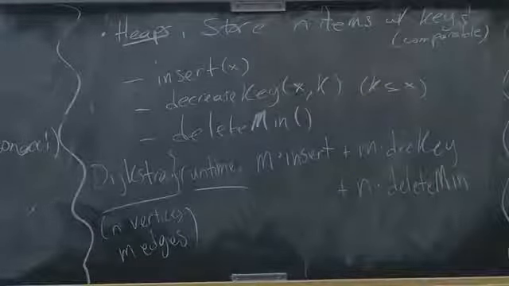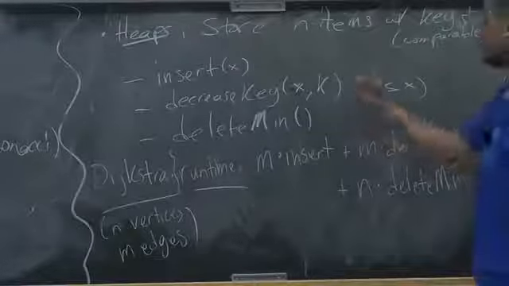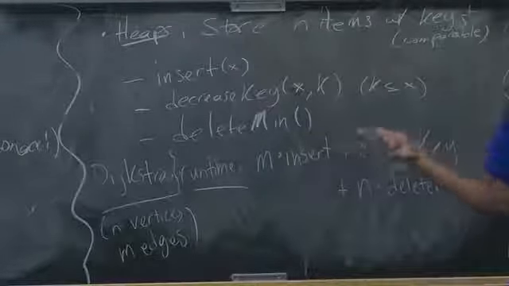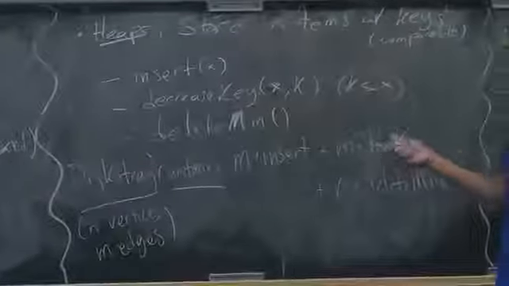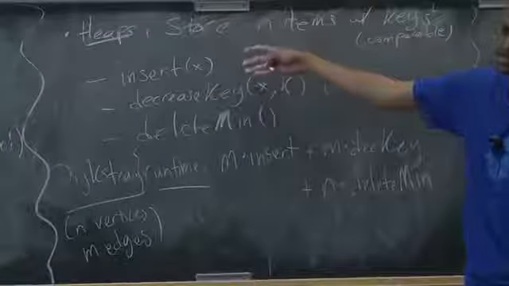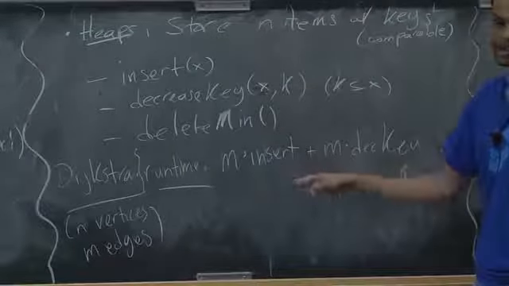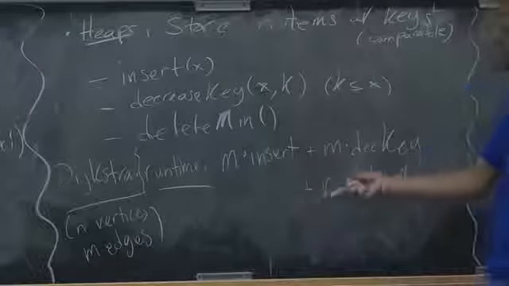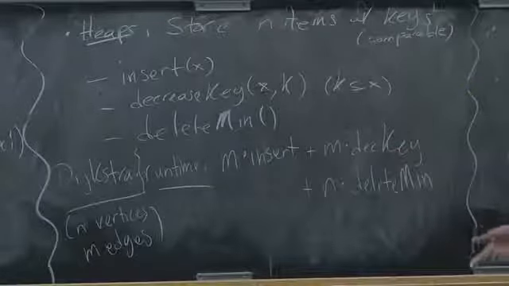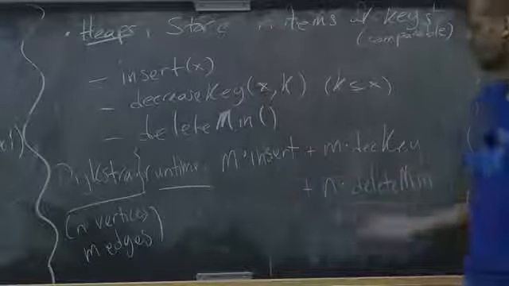If you've taken, say, CS124 and seen binary heaps, you know that you can implement all these operations in log n time. So you'll get running time m plus n times log n. But if it's a connected graph, then m will be bigger than n, so m log n.